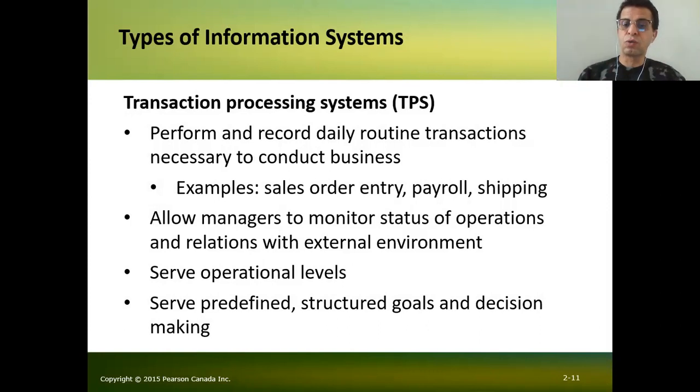These are routine work to be performed and recorded routinely, and they allow managers to monitor the status of the operation. So if you have an application running the production, you know how many units are at which stage of being produced. It serves the operational levels, and serves predefined structure, goals, and decision making.